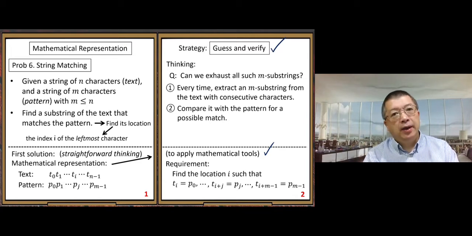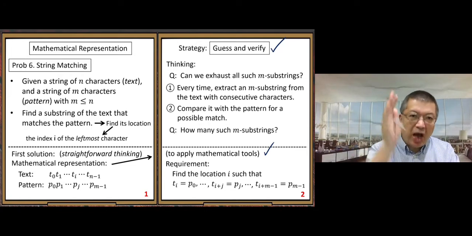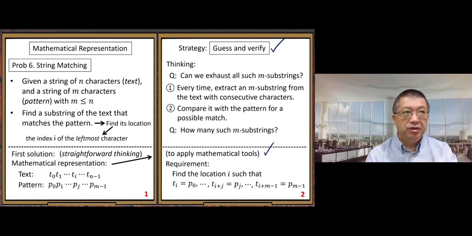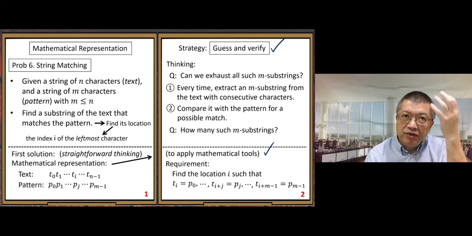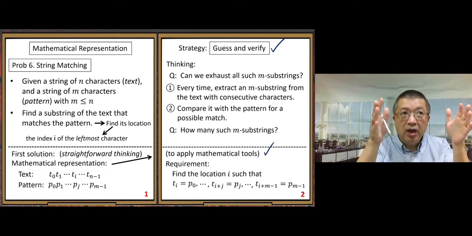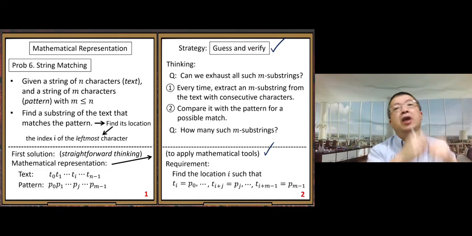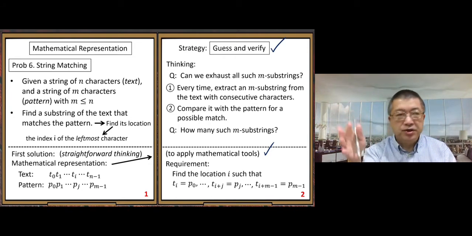All right. But now, to move one step forward, we need to ask another question. How many such M substrings? We want to count the number of such M substrings. By M substring, we mean a substring of length M, consecutive characters in the given text.